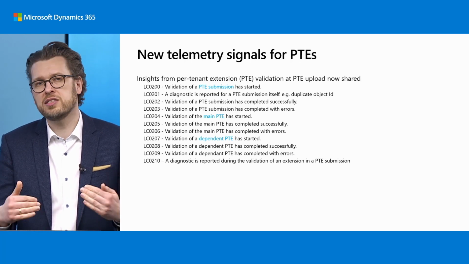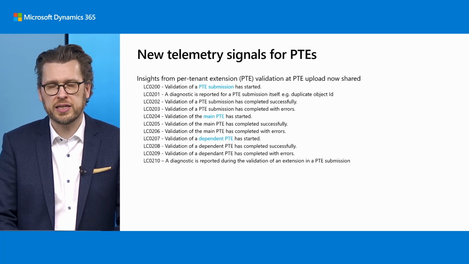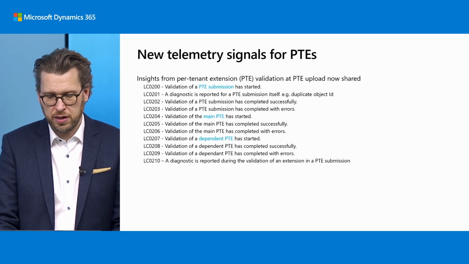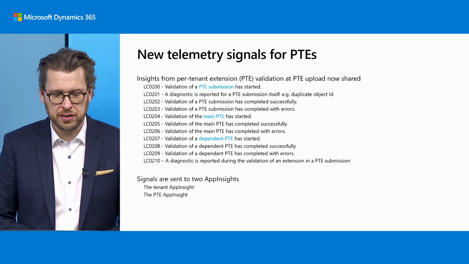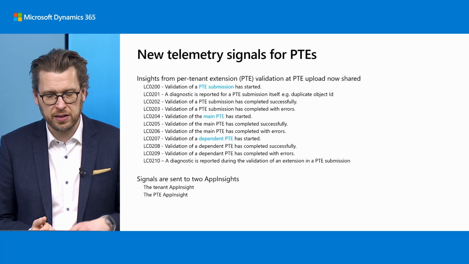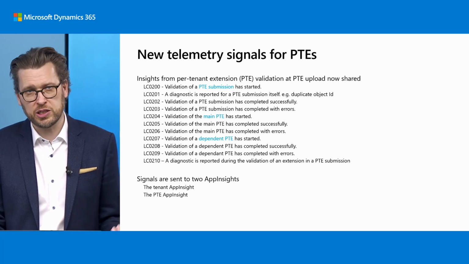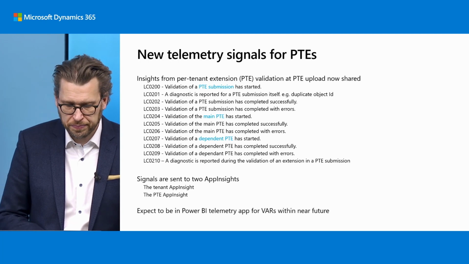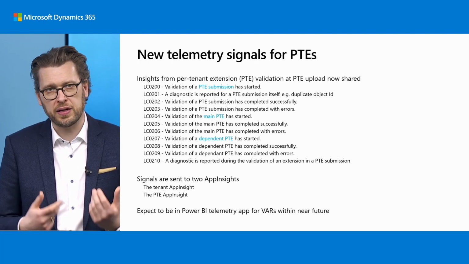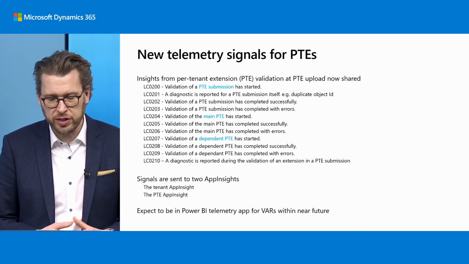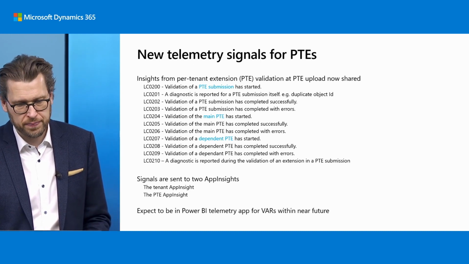We're giving insights. If that fails, we're bringing that insight to you in telemetry, right? And they are sent to two Application Insights, the Application Insights for the tenant, as well as for the PTE as specified in the app.json. And we do expect these to be in the Power BI telemetry app for resellers within the near future.